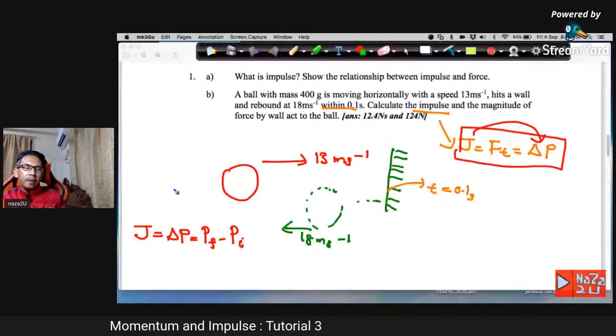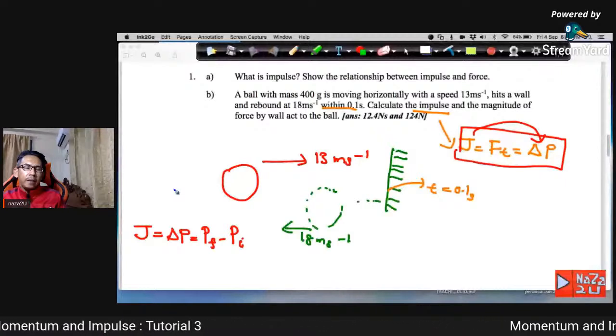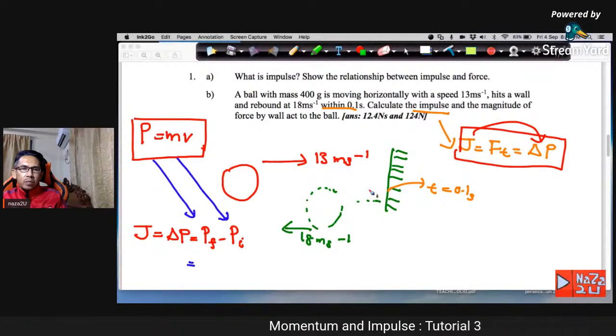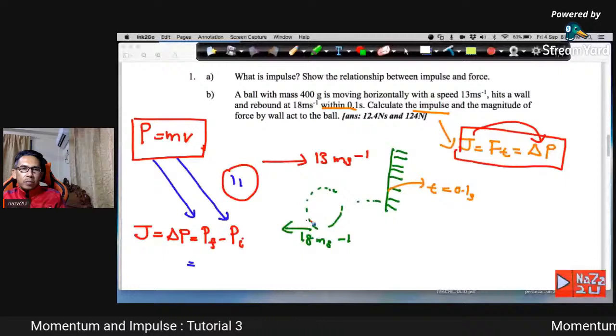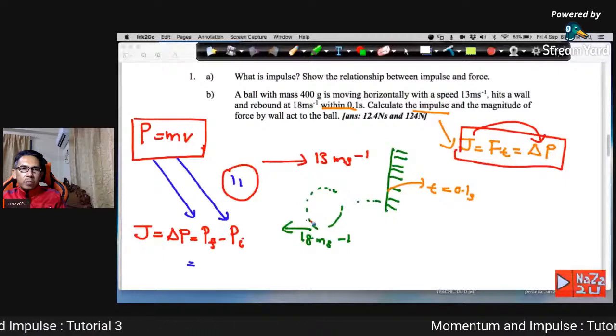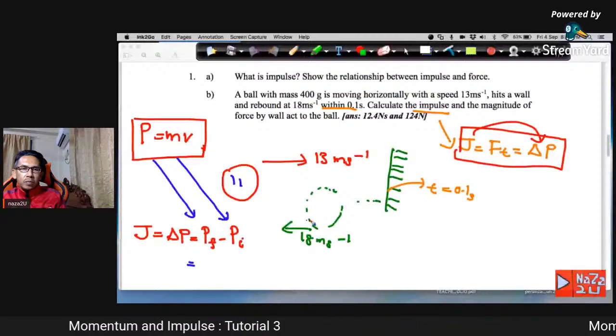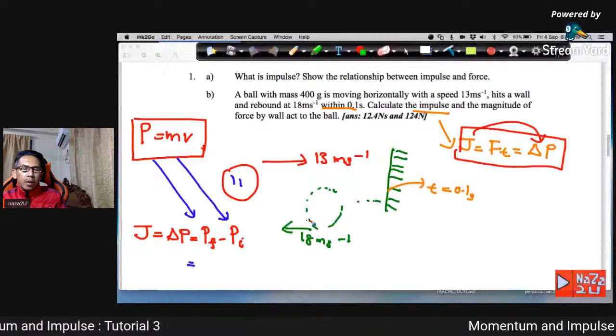In the collision between the ball and the wall, the ball moves in the opposite direction to the initial direction, 30 meters per second, and the mass of the ball is 400 grams.